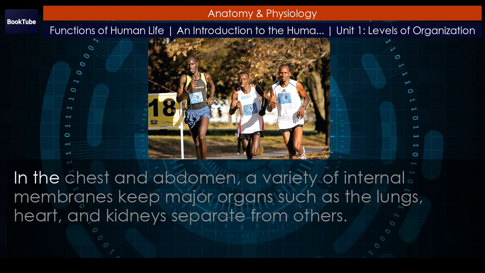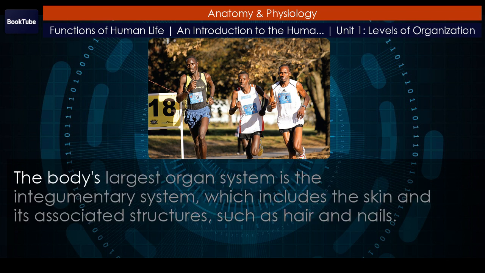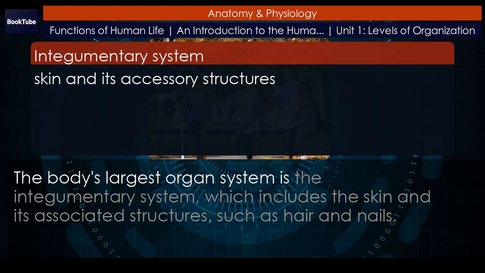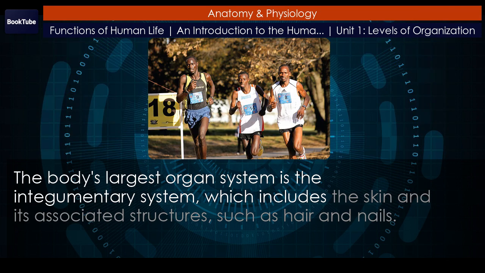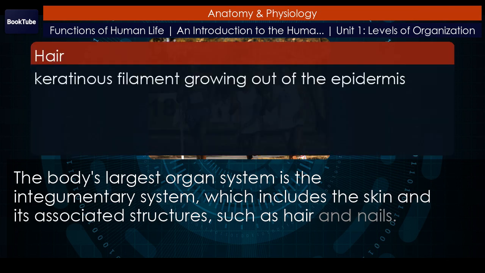In the chest and abdomen, a variety of internal membranes keep major organs such as the lungs, heart, and kidneys separate from others. The body's largest organ system is the integumentary system, which includes the skin and its associated structures, such as hair and nails.